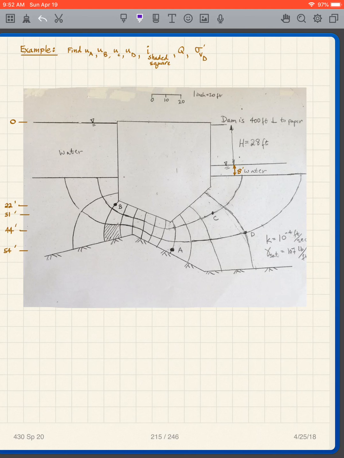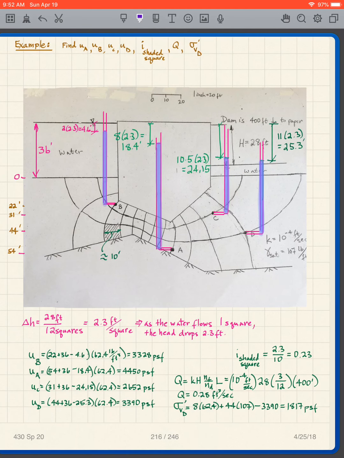I realize you can't use that, but you can sketch out the scale, and you get that the width of that square is approximately 10 feet. So for I of the shaded square, it's 2.3 for 1 square. Divide by 10, I get a hydraulic gradient of 0.23. And then you can plug in the values to get that.